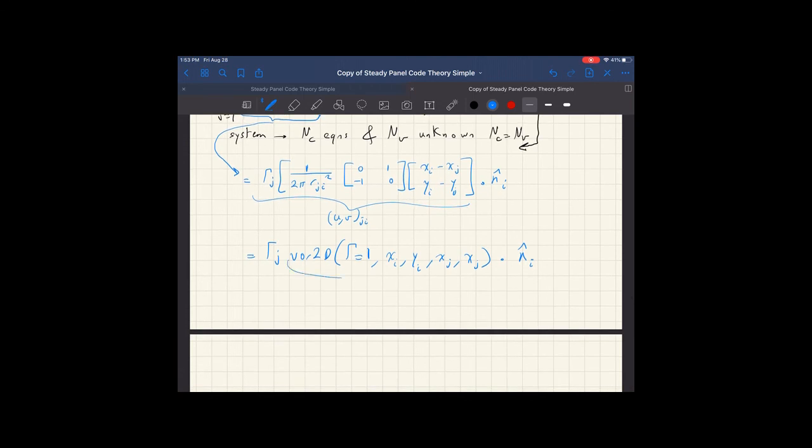So if you set this entire thing to Aij, you end up with Aij gamma j. This is your unknown, and this is, we'll call it, a coefficient of influence.